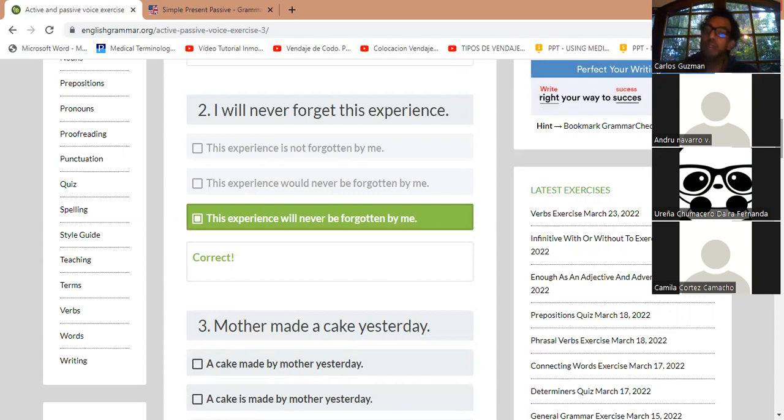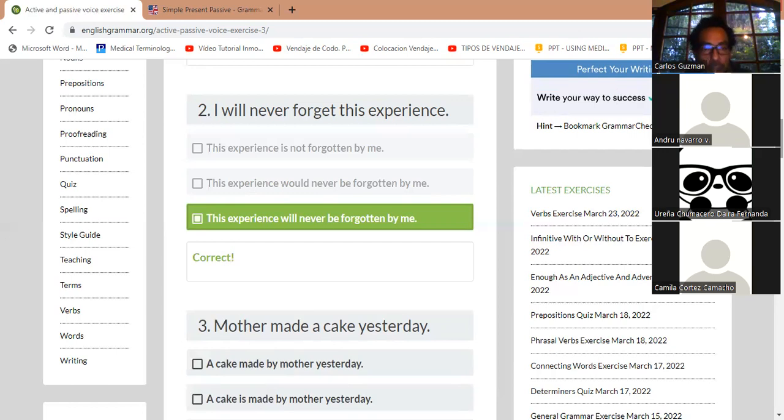Now, if I turn it into the passive voice, then the experience becomes the subject and is going to receive the action by me. It will never be forgotten by me. You know what I mean? So that's how you have to see every sentence that we do, analyze it, work your critical thinking a little bit, and you'll be a better English speaker if you do that.